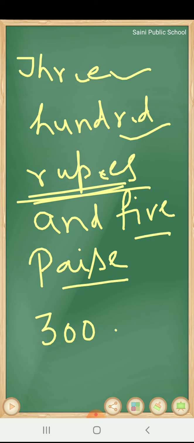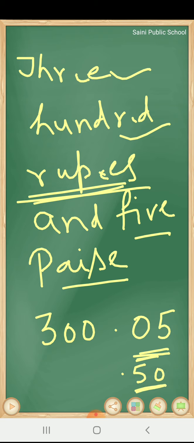So we will write here 05, not 5. We will use 05 because paise are always represented by 2 digits. If I write here 5, then it will become 50 paise. But we want to write 5 paise. So we will start from the right side. We will write here 5 and here 0 and the dot. In this way we can use 0 to complete 2 digits.